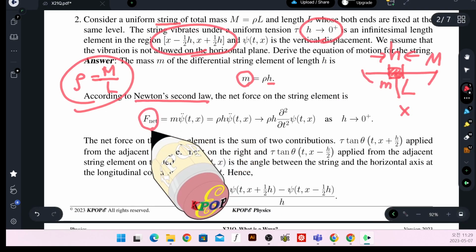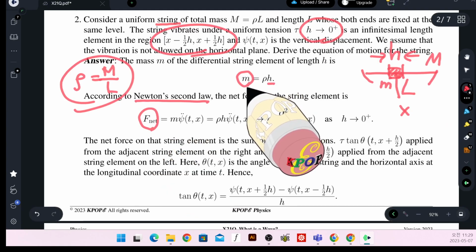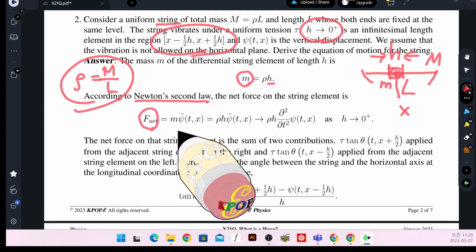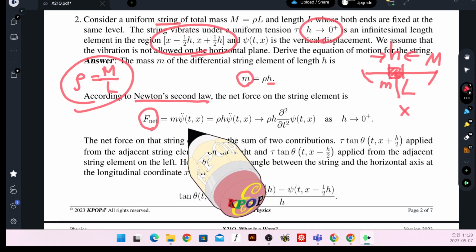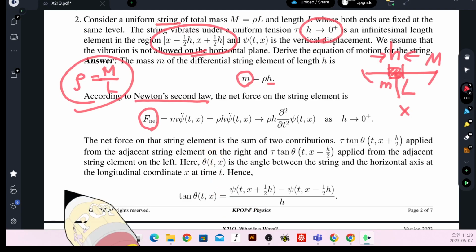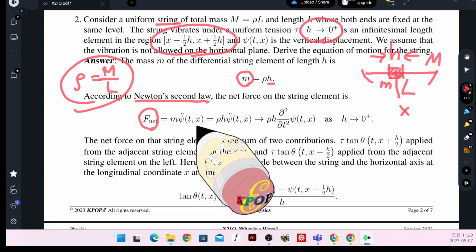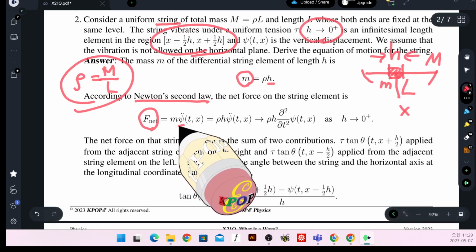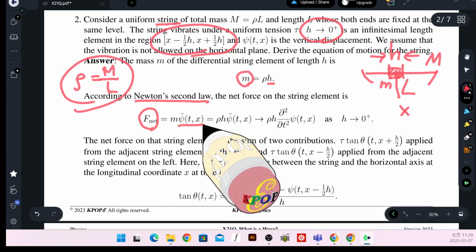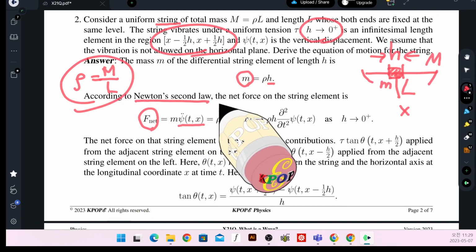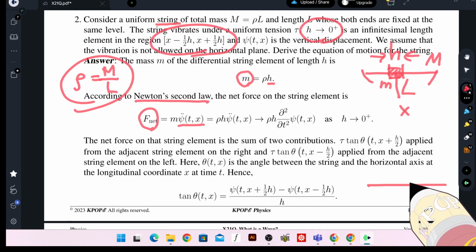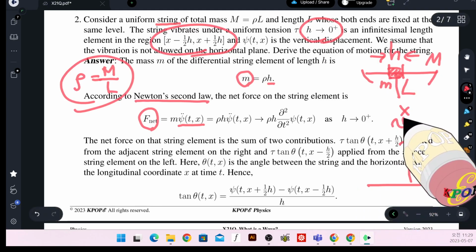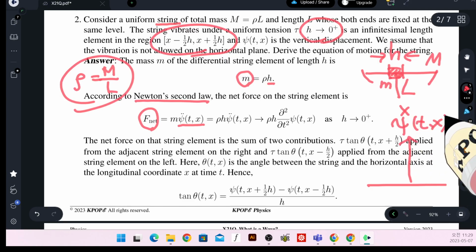The net force applied to the small mass, small m, is, according to Newton's second law, the mass multiplied by the acceleration. The acceleration is the double time derivative of the displacement. The displacement that is measured from the equilibrium position on the horizontal line is called psi t comma x.